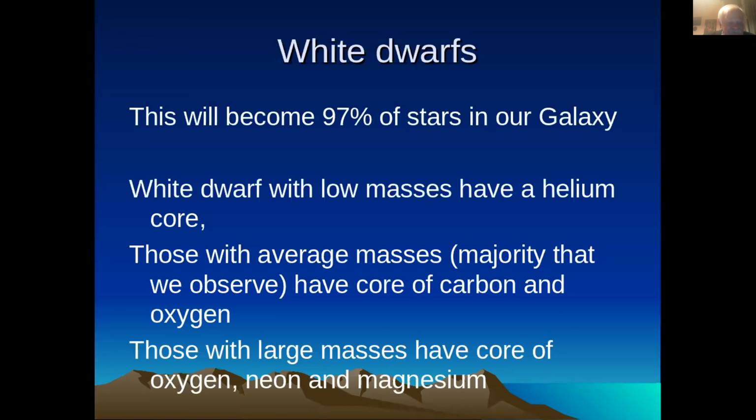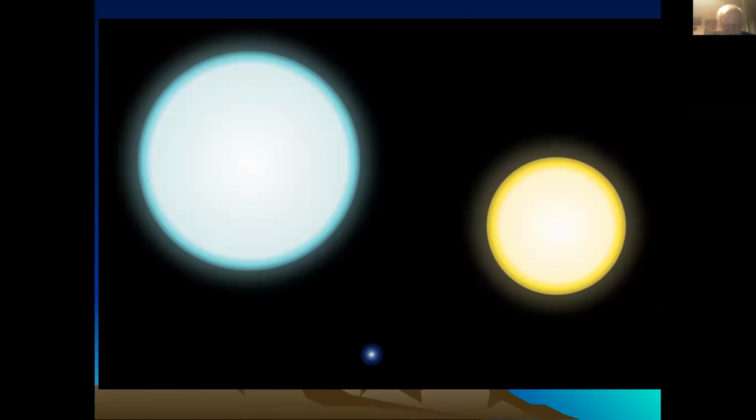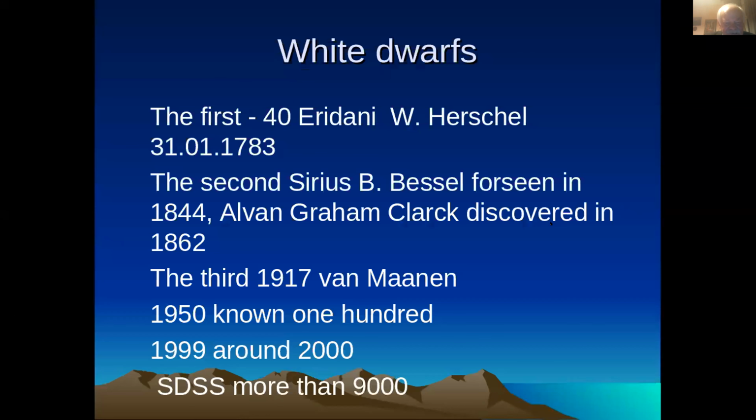So the majority of white dwarfs that we observe have a core of carbon and oxygen, and those with large masses, cores of oxygen, neon, and magnesium. Here you can see Sirius B, a white dwarf, in comparison with Sirius A and with our Sun.